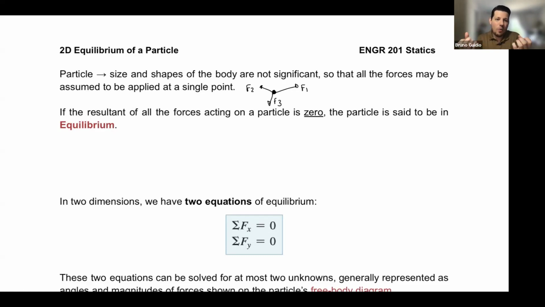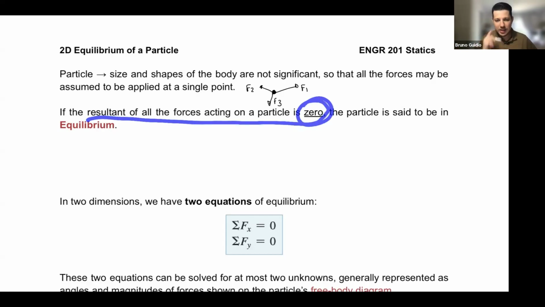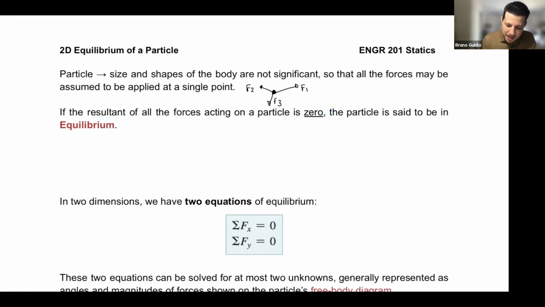But now what we're going to bring to the table is what we call equilibrium. And what is equilibrium? Equilibrium is when the resultant of all the forces acting on the particle is 0. For example, we have the particle here, and once again we have F1, F2.